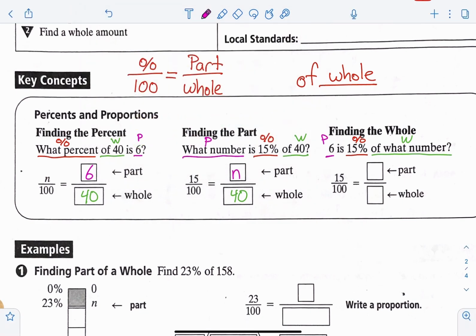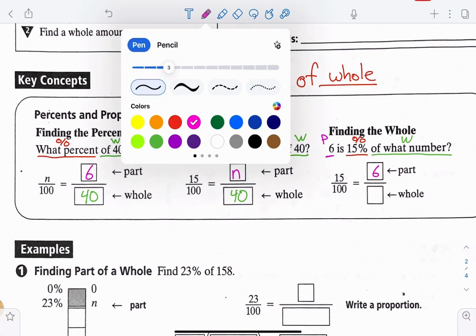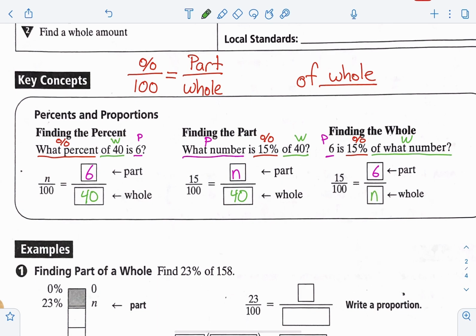So again, they have 15 over 100, part is 6, over the whole, which we don't know for that one, which is n. So it's always percent over 100 equals part over whole. Then you're using the word of to help you figure out the whole. The percent will always have a percent symbol, so it's easy to figure out those two, and then you can figure out the part from there.